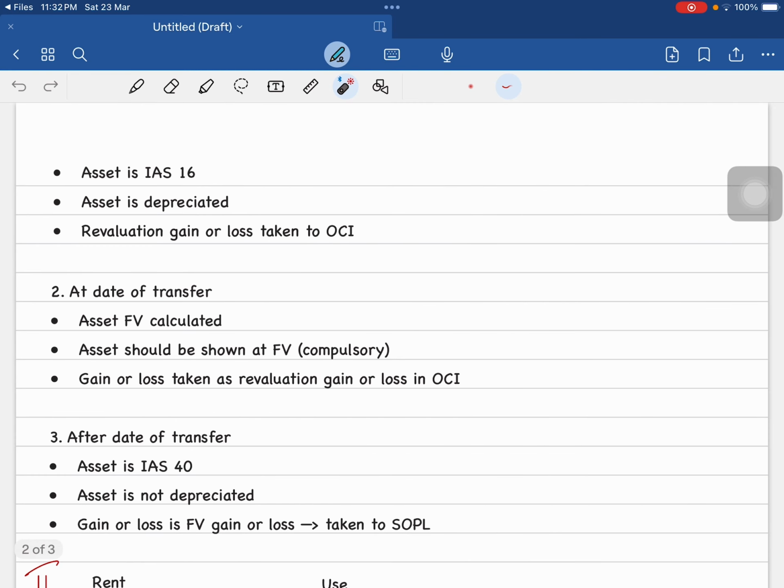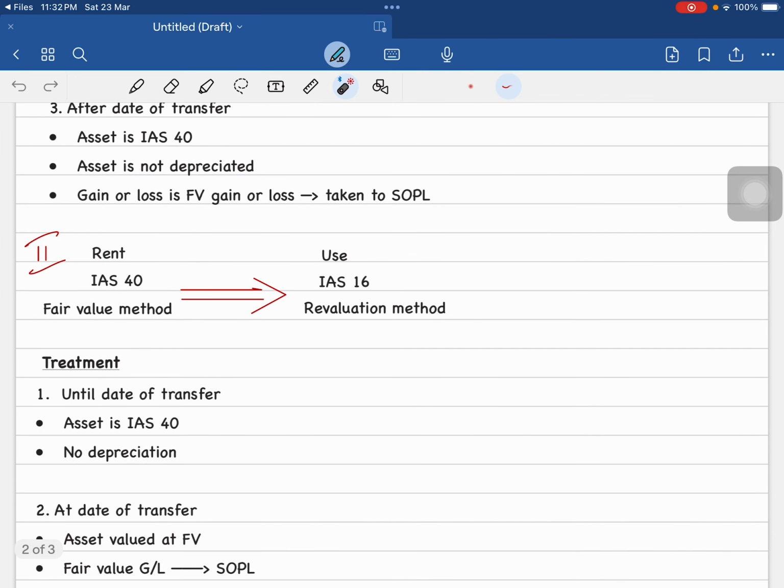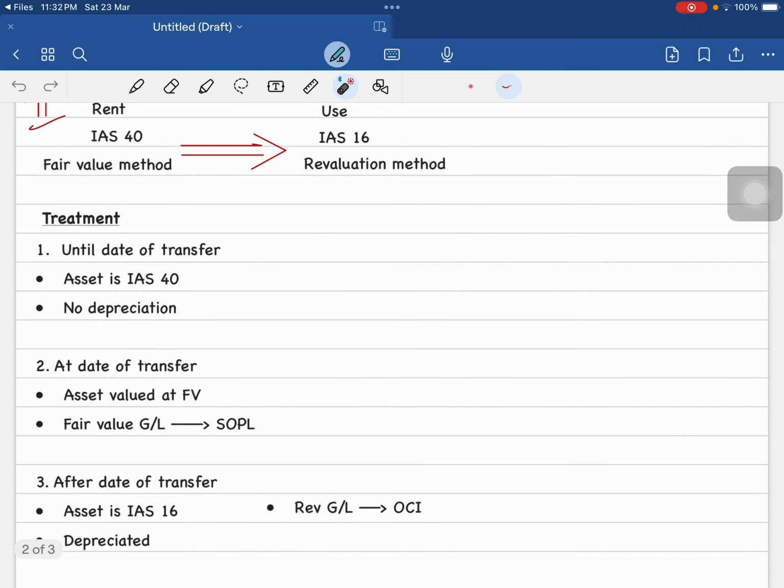So accordingly, the gain or loss that we take changes as mentioned before. Coming back to the second case, I repeat, we are transferring IAS 40 into IAS 16. That is, IAS 40, which was under the fair value method, is converted into IAS 16, which is under the revaluation method.